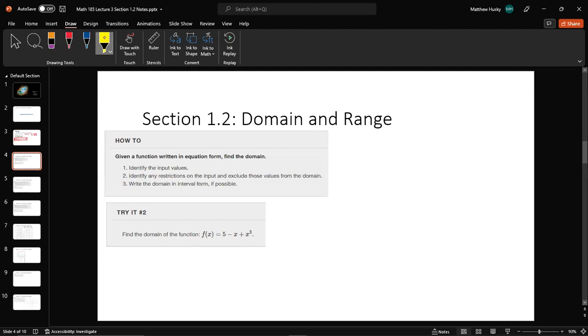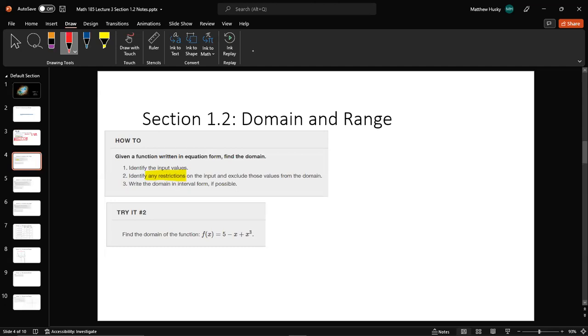So let's say a brief word about any restrictions, and let's talk about what those restrictions could be. There are two possible hitches you could run into that would prevent you from putting a number into a formula. There are two big no-nos in algebra of things you cannot do.